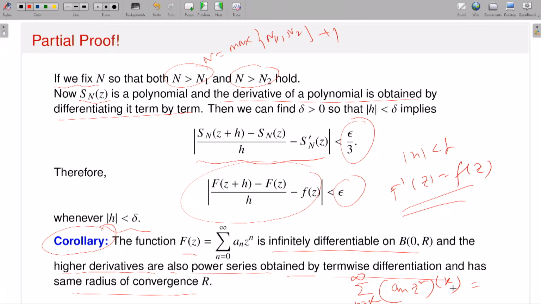If I write this as some function g, then this series has the same radius of convergence as that series. Not only that, if I write that this is the sum function capital F, then the kth derivative of capital F is exactly equal to g, and in fact that is the statement I have given in my earlier slides.